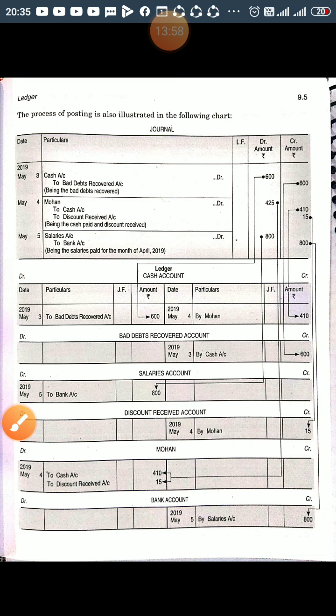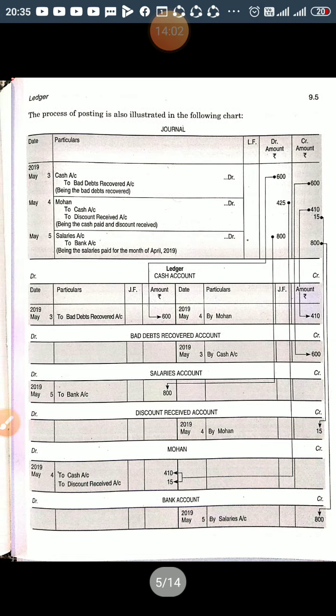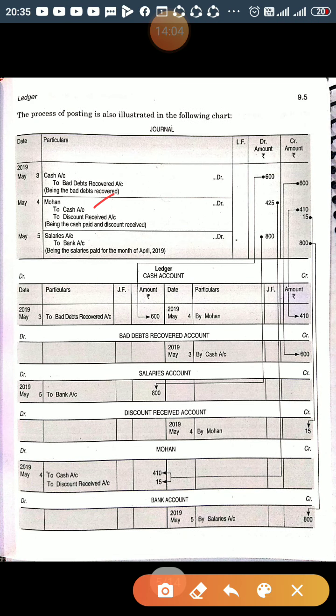The same way in the second entry, cash is credited, so you will write the date on the credit side. Then against the cash, the account which is debited is Mohan. So you will put, sorry, this is wrong.